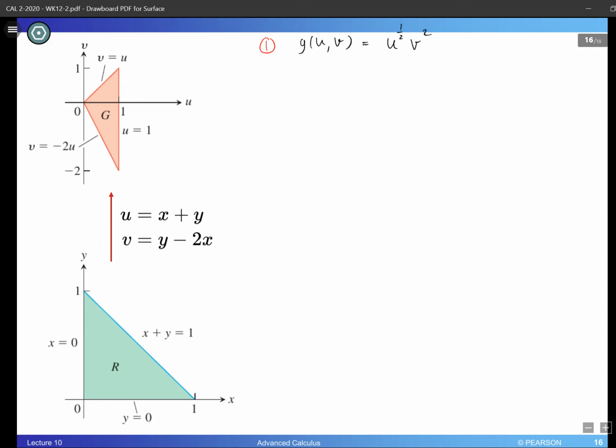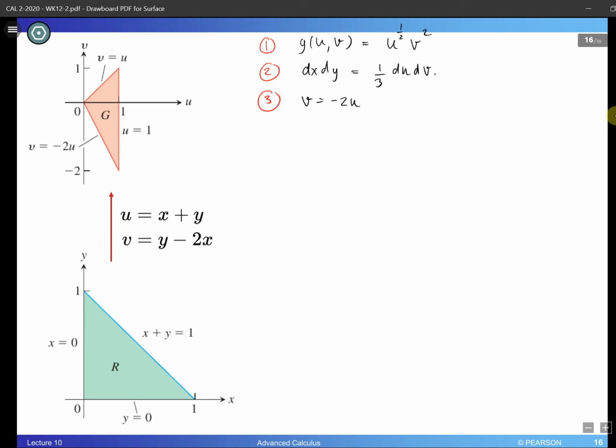Right? Second one, the transformation of the differentials. We found dx dy to be equal to 1 over 3 du dv. No problem with that. Now the translations of the boundaries, number 3. The first boundary that we got from the previous slide is v equal to minus 2u.